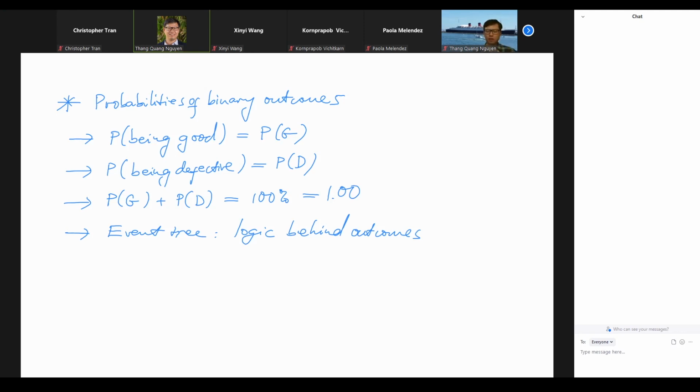Then why? We have to use an event tree to really understand why we say that as good, why we say that as bad, right? The connection in the situation that leads to a good outcome, or the connections inside the process that lead to a bad outcome or a defective outcome, right?